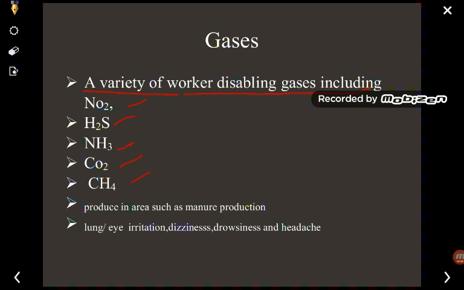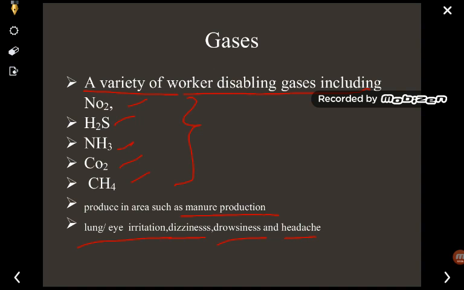So these are the gases which are produced during the routine operations, and these gases are commonly produced in areas such as manure production. If you are exposed to these gases at a low level only, they may produce lung and eye irritations. Sometimes it may cause dizziness, drowsiness, and headache.